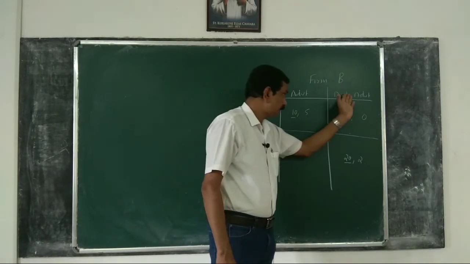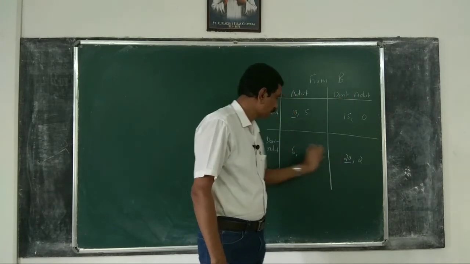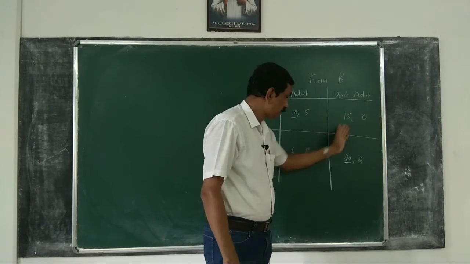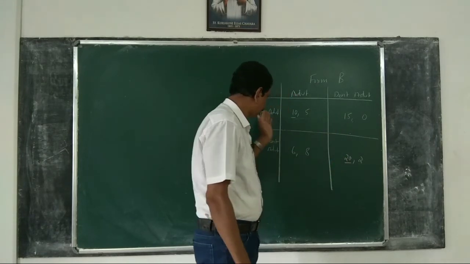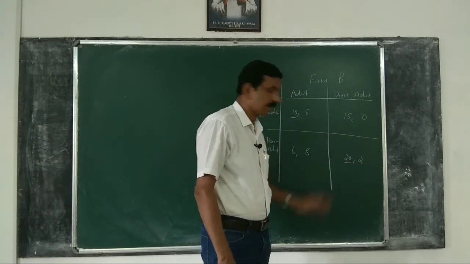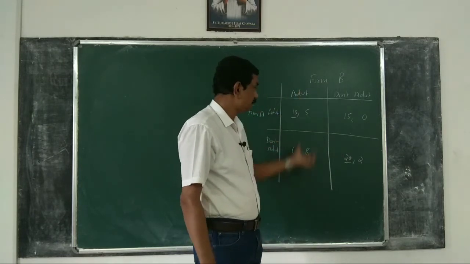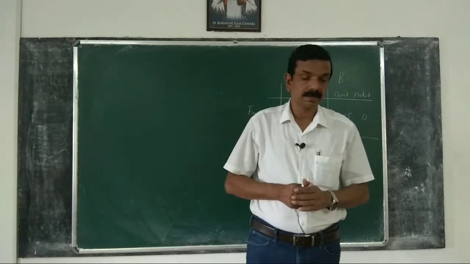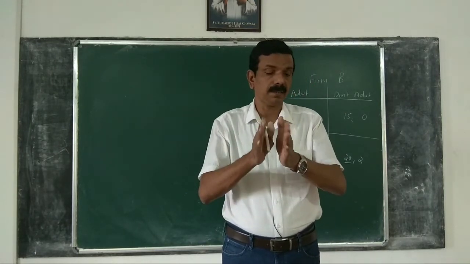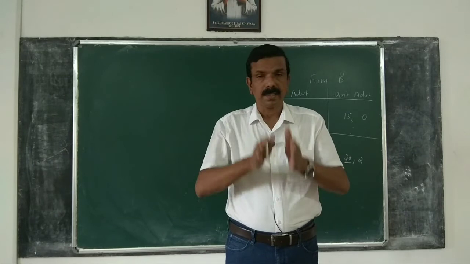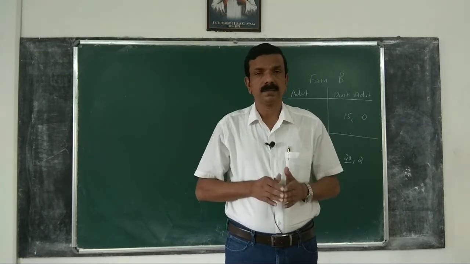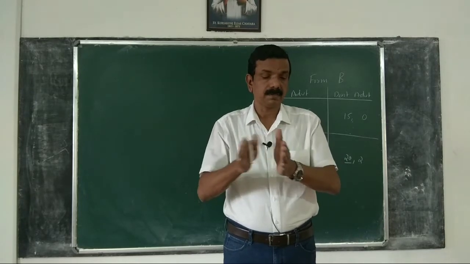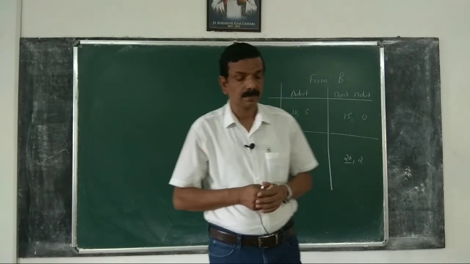If A believes that B doesn't advertise, if A advertises only 15, don't advertise 20, so better for A to not advertise. So the optimal strategy of A depends on what B does. If B advertises, A does best by advertising. If B doesn't advertise, A does best by not advertising.